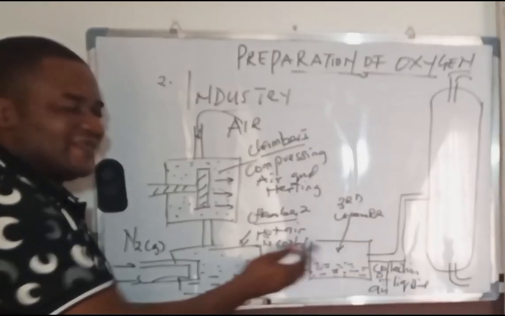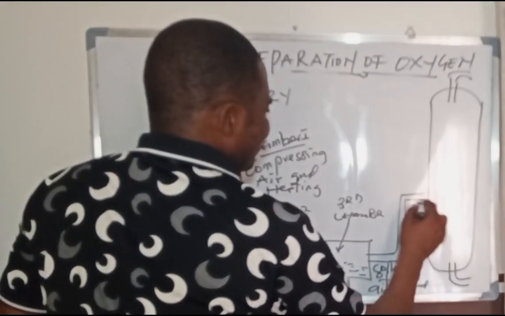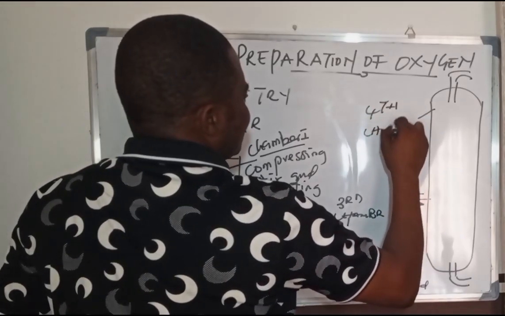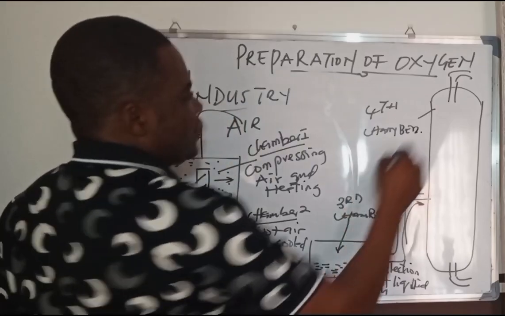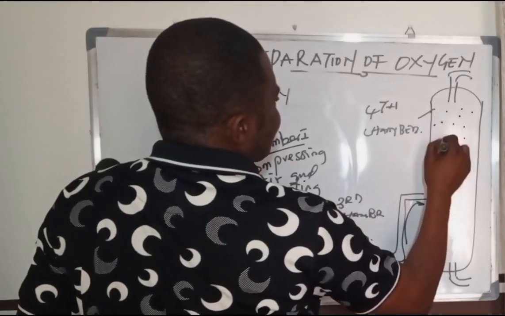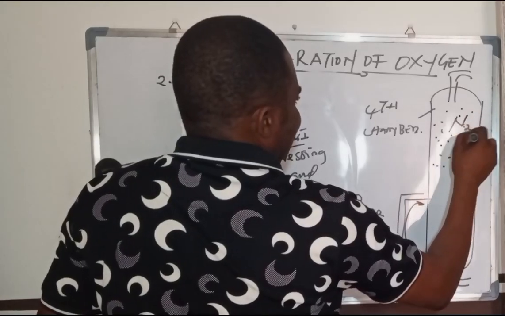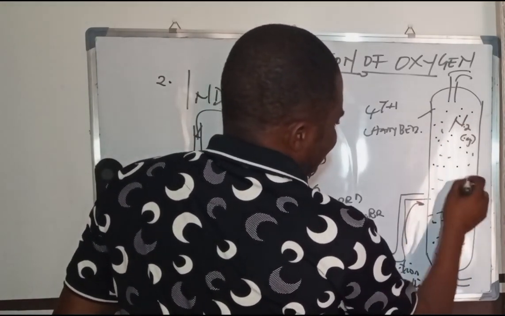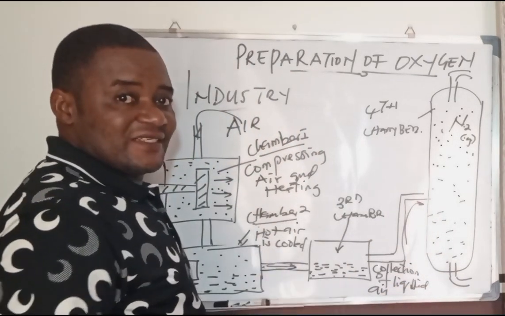So we collect the liquid air at the third chamber and allow the liquid air to move into this chamber, which is the fourth chamber. And what happens in the fourth chamber is that up here is nitrogen gas, and down here is the oxygen in a liquid form.